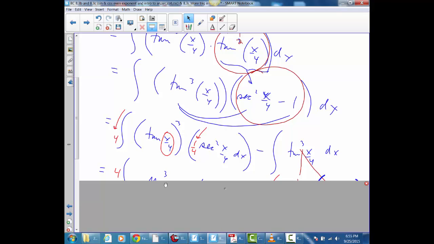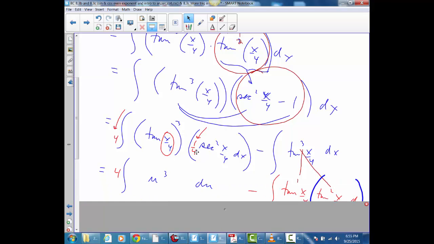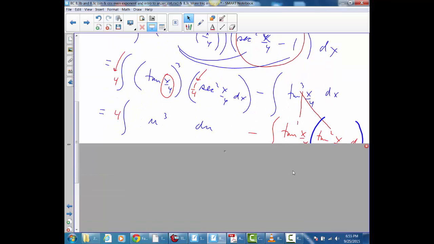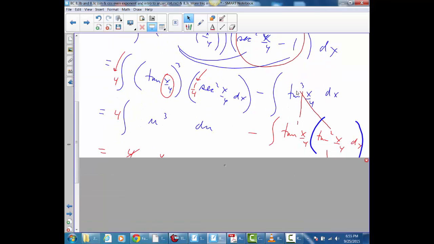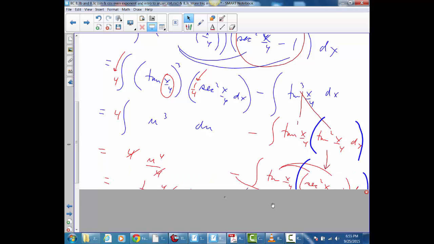And now you have basically u cubed du, except the derivative of tan to the fourth x over 4 is secant squared x times the derivative by chain rule, so we do have to introduce a 1/4 to counteract the 4. But at this point, you're integrating u cubed du. Now, you will have to do it again over here. You'll break up the tan cubed into tan squared and tan.